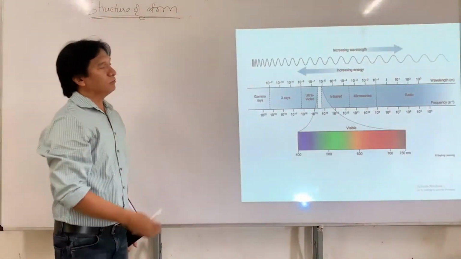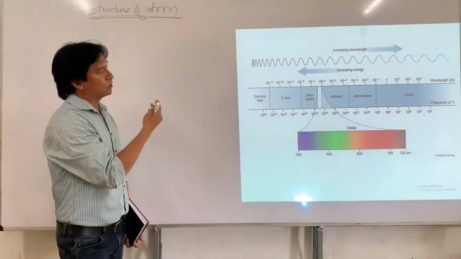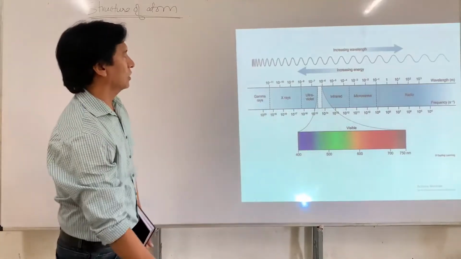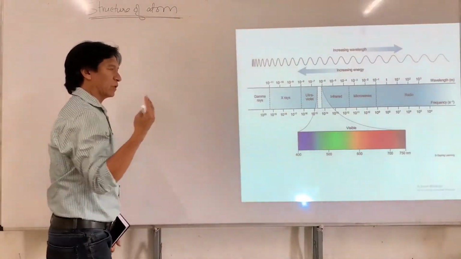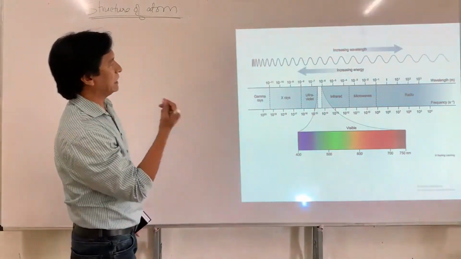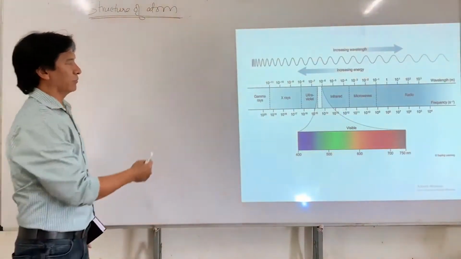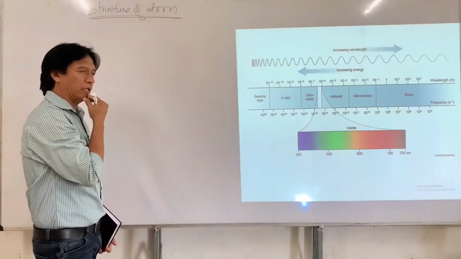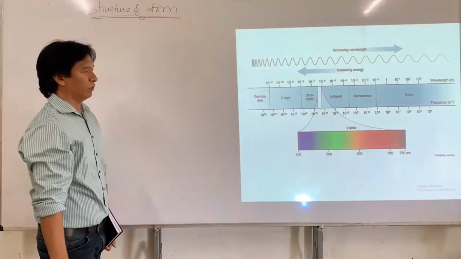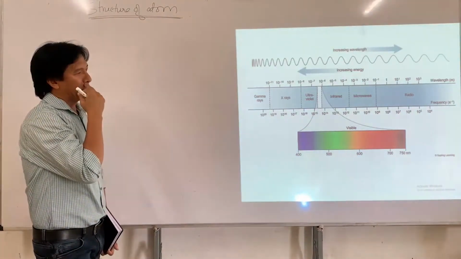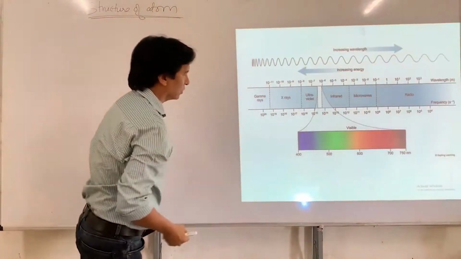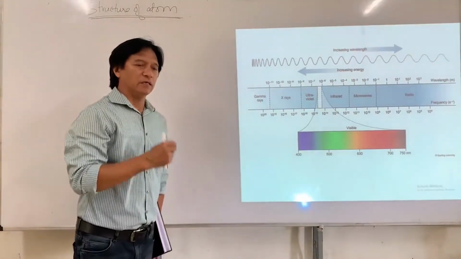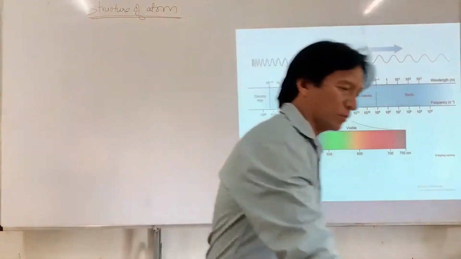Now, based on what we have understood so far about electromagnetic radiations and their properties like wavelength and frequency, you also have something called the wave number, denoted by nu bar, and it's nothing but the reciprocal of the wavelength. Now we're going to work on some problems based on the wave nature of electromagnetic radiation. So let's take up some problems.